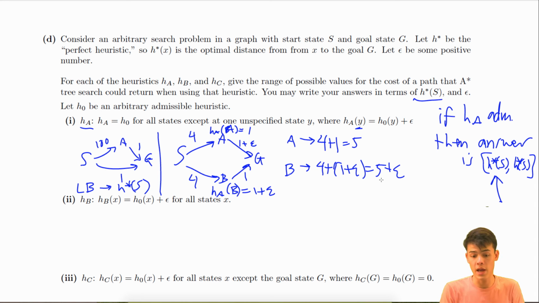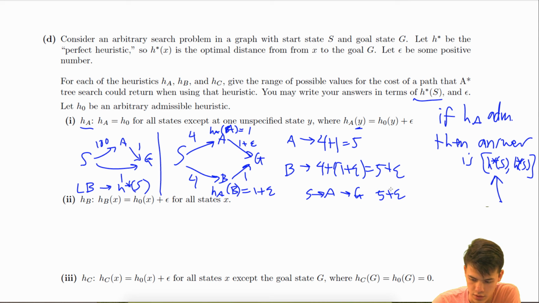So it's going to try to explore A first, right? And then from A, it's going to see the goal state at a cost of 4 plus 1 plus epsilon, right? So the cost from S to A to G is going to be 5 plus epsilon also, right?